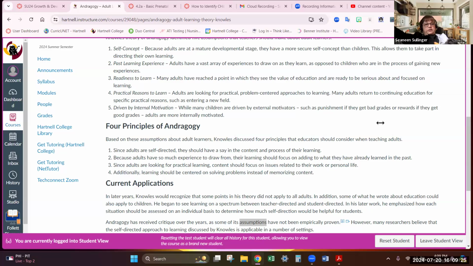And then learning should be centered on solving problems instead of memorizing content. So what I will do, for example, with the assignment on how does development affect an adolescent who is houseless. I didn't ask you to memorize every single physical characteristic of moving from school age to adolescent, but what I asked you to do was to bring in what we've already learned about social determinants.